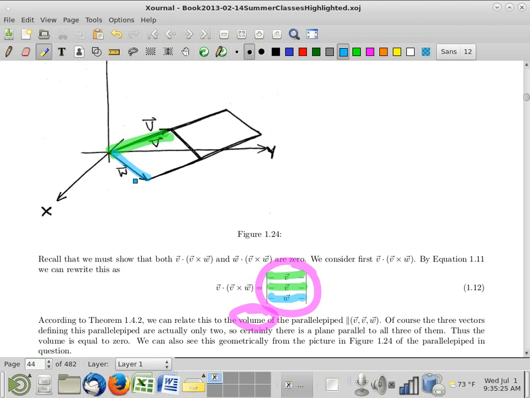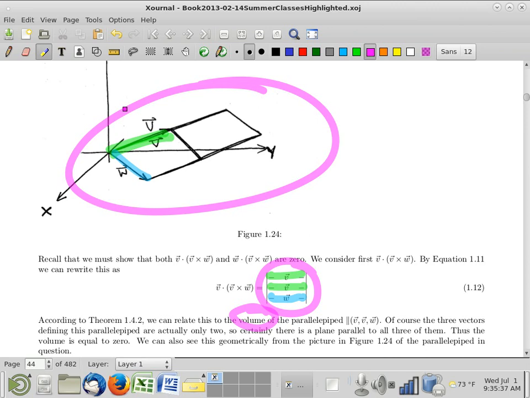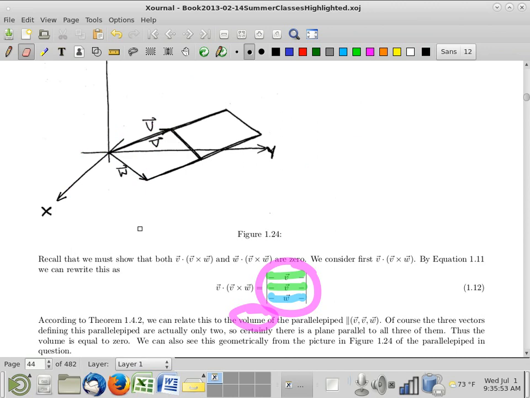Now if you have a parallelepiped defined by, well, it's really two vectors instead of three vectors, the point is its volume is 0. Right? You look at the little box that's defined by these three vectors. Well, it's a flat box, ready for recycling, right? It's been pushed down, smashed down. So what's the volume of that box? 0.